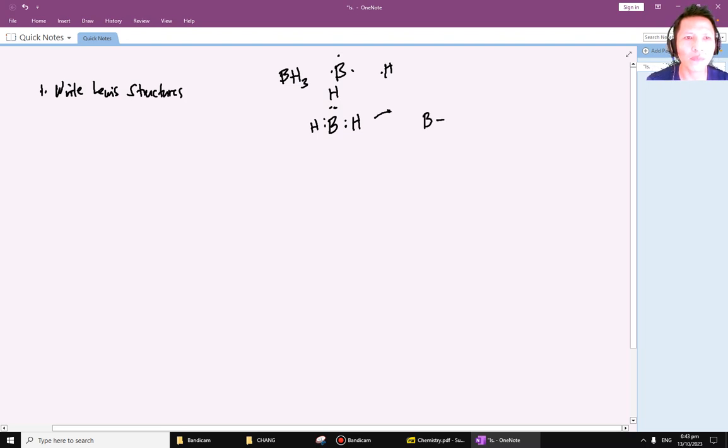You have a single bond for each shared pair, so two electrons are shared. You can actually do it like this. It's still the same because we're just representing it as a two-dimensional structure, of course. So there's nothing wrong with that.